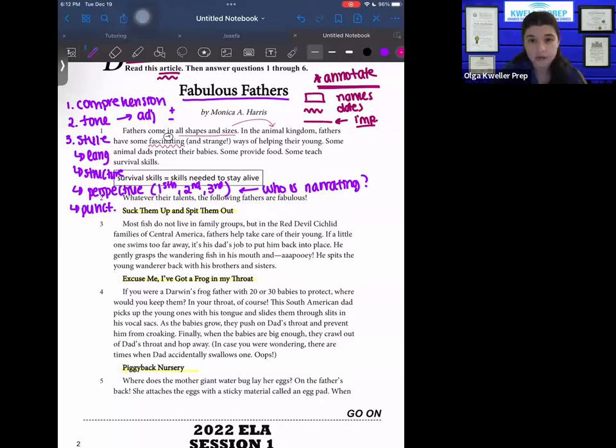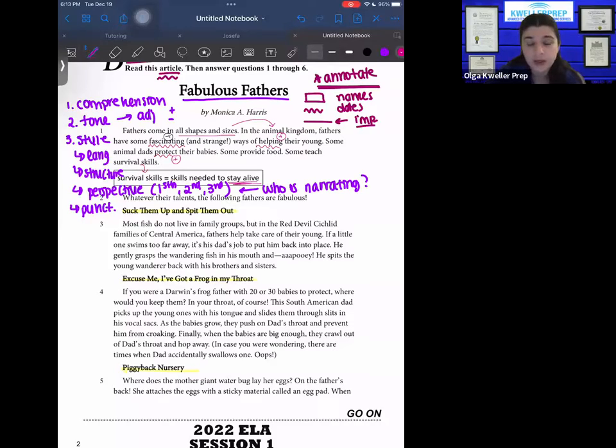That's a good thing if something's fascinating. "Helping" is a good thing, positive. "Protect" is another positive. And then they also define survival skills. So survival skills are skills needed to stay alive. So that's one thing to notice so far. The tone is positive, and we have a more specific direction of what kinds of fathers this article is going to tell us about.